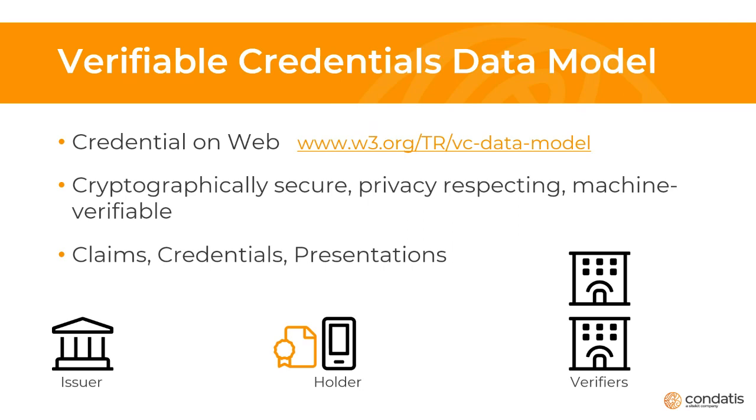So the holder can then use the credential to create presentations and share them with the verifiers. Later on in the webinar, Richard will explain issuing and verifying with the demonstration. But first, we'll take a bit of a closer look at the specification and how it defines claims, credentials, and presentations.